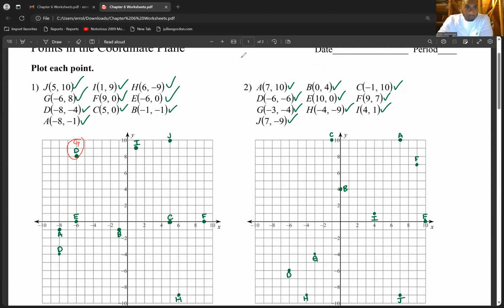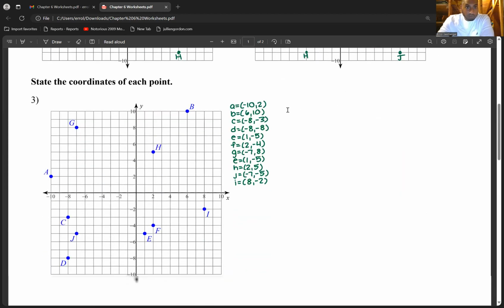All right, let's look at 3. State the coordinates of each point. A equals (-10, 2), that one's good. B is (6, 10). That one's good. C is (-8, -3), that one's good. D is (-8, -8), that one's good. (1, -5) for E, that one's good.